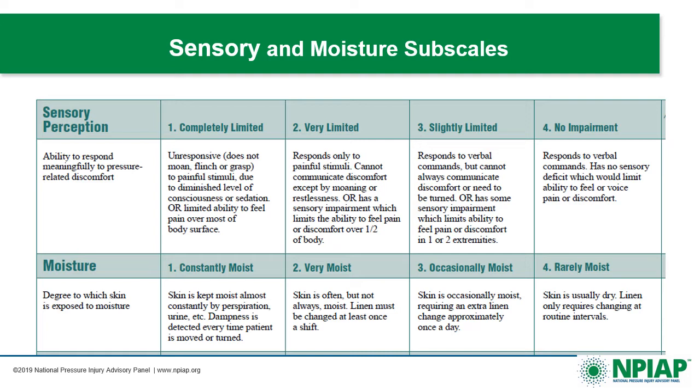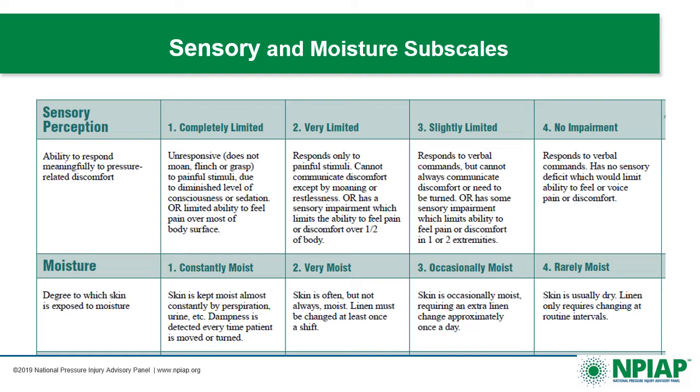So let's look at 2. Number 2 says the patient responds only to painful stimuli, can only respond by moaning when you do something painful to them to elicit that response, or they have a sensory impairment over half of the body. So a patient who's a paraplegic would fit in there. A patient who's had a stroke and a hemiplegic would fit in there.